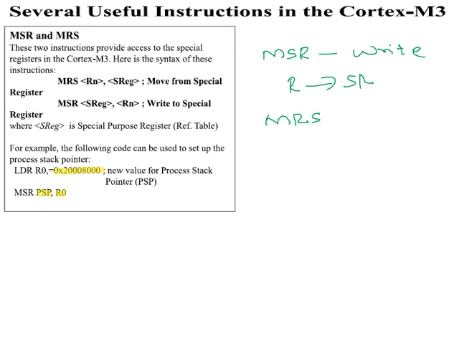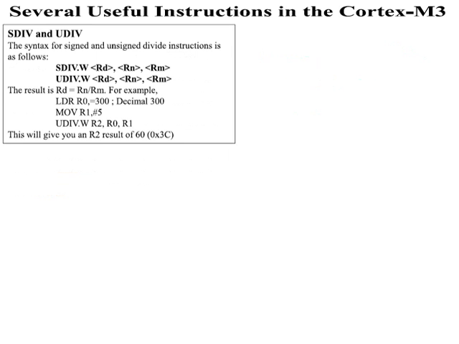Okay, so now if you consider the next category, that is SDIV and UDIV. Here I have given clearly what is happening, but I will just write it over here. For SDIV and UDIV, the overall result will be Rd stored with Rn divided by Rm.